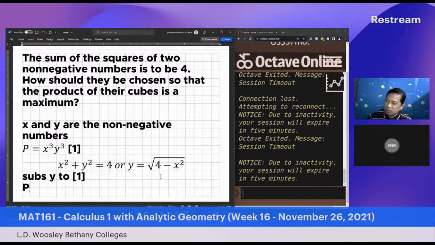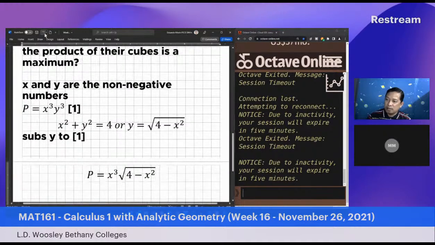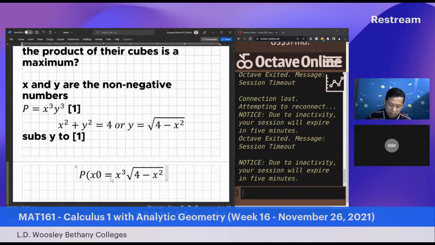So from there, you could say that P should be equal to x cubed multiplied by the square root of 4 minus x squared. Okay? So can you solve for the P prime of x? So this would be your P of x.